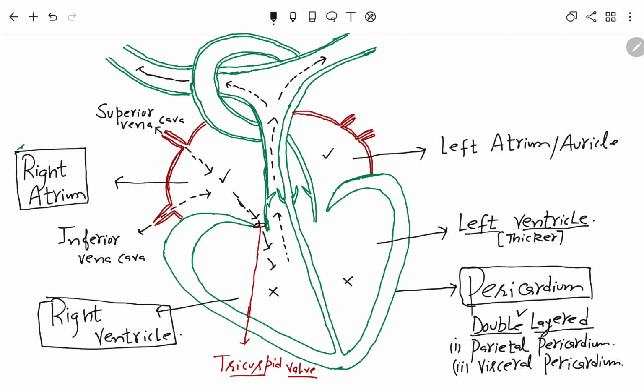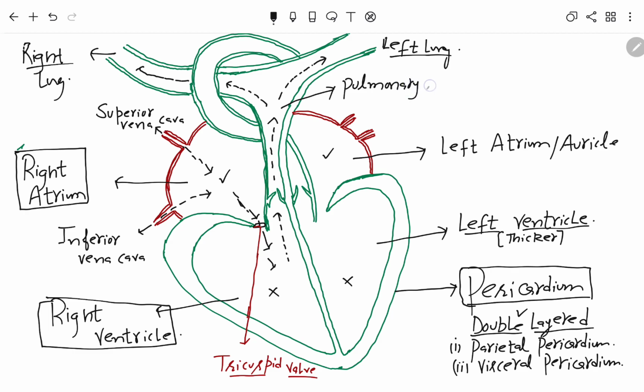One will go towards the right lung. This one is the left one. It will go towards the left lung and this part will go towards the right lung. So the blood vessel which is carrying deoxygenated blood towards the lungs is an artery, and this artery is called as pulmonary artery.